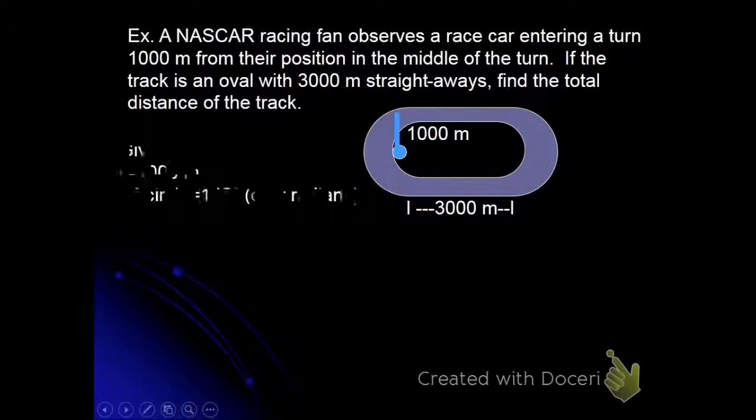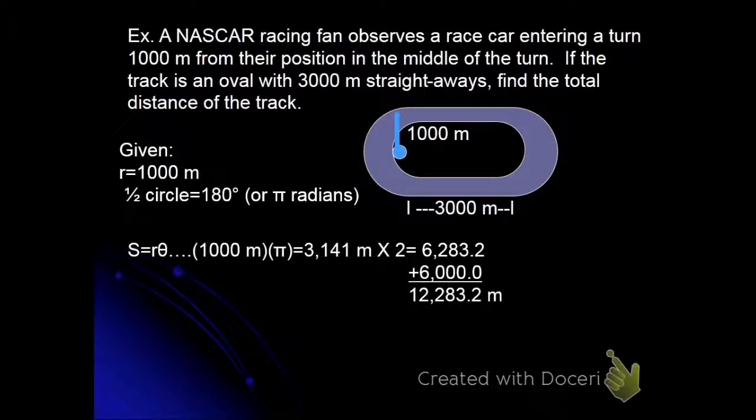So we know that half a circle is 180 degrees, or pi radians, and we know that radius is 1,000 meters. So we can rearrange the equation and find S, the arc length, the distance along the actual track, is equal to R times theta. So the R is 1,000 meters.